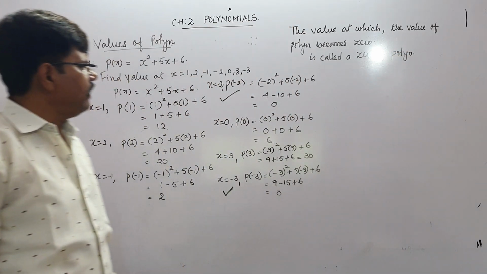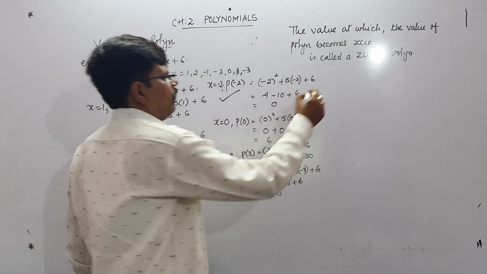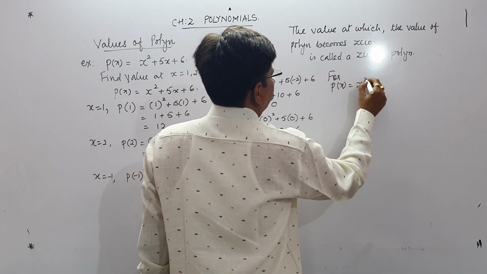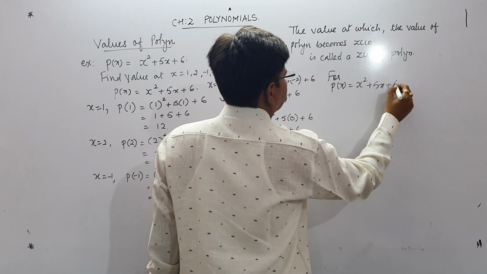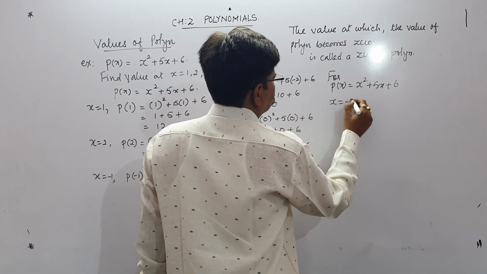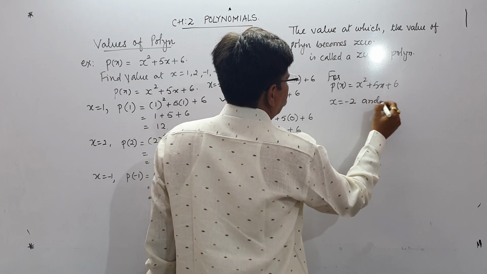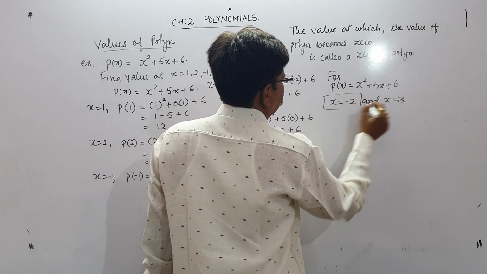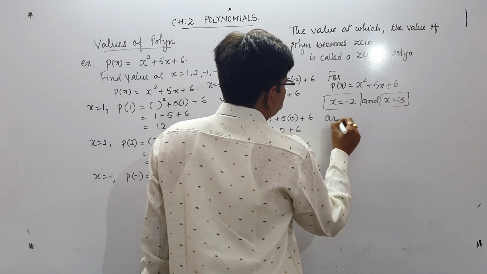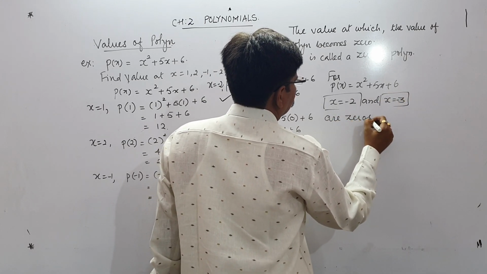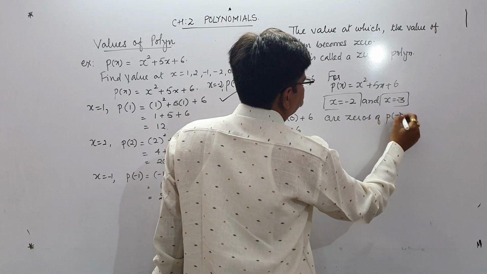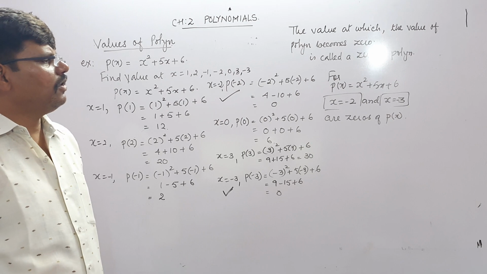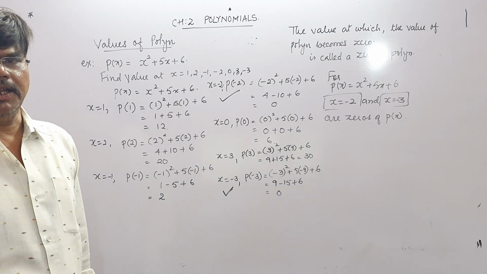So particularly for this example, for P of x, x square plus 5x plus 6, x is equal to minus 2 and x is equal to minus 3 are zeros of the given polynomial, are called zeros of the given polynomial.